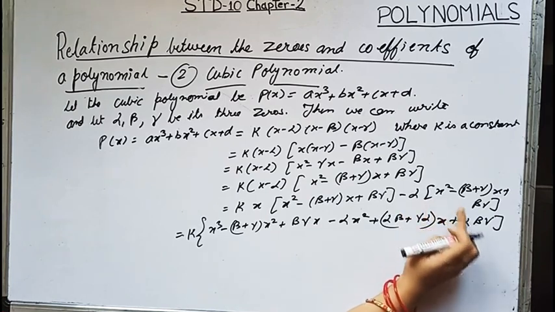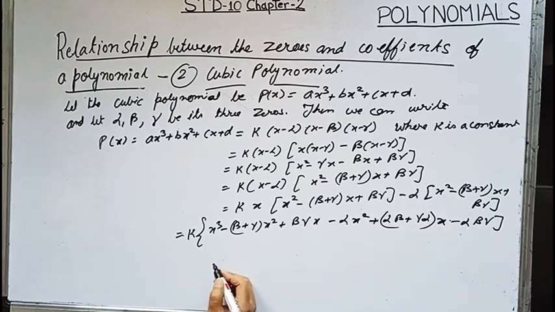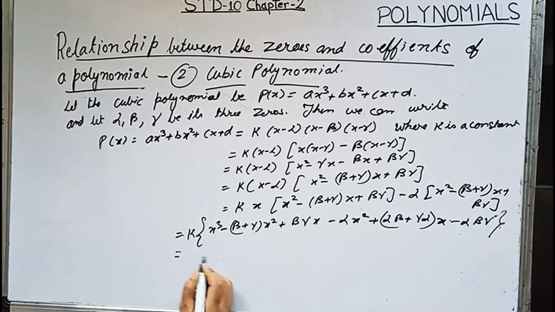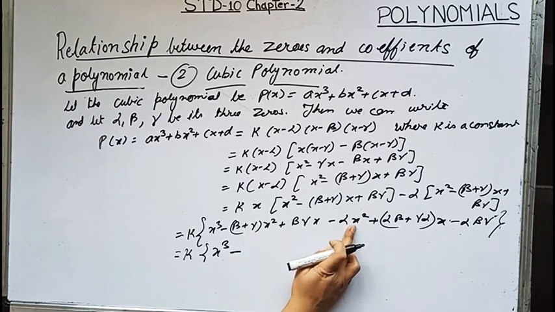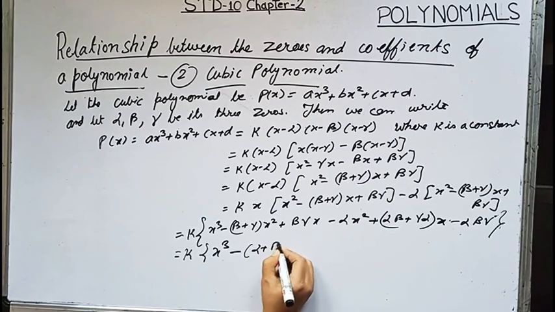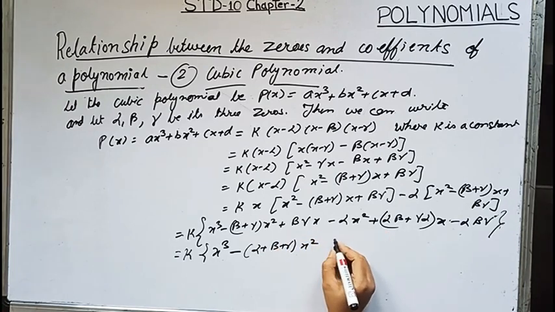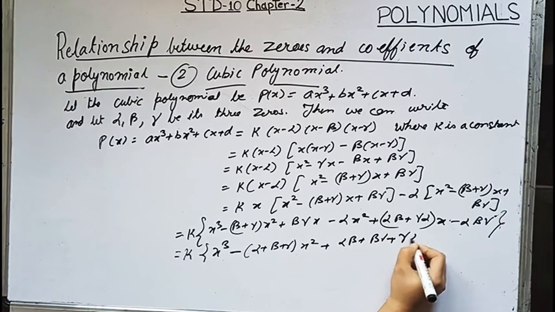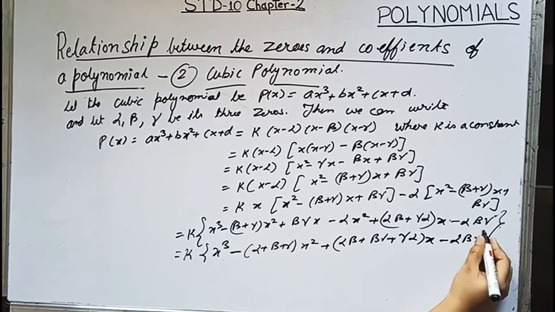Minus, minus becomes plus, and minus, plus, minus, here it will be minus. So let us write it in arranged form. K, then over here x^3 minus, this term is x^2 and this term is x^2, so I can write (alpha + beta + gamma)x^2. Now the x term is this one and this one, so I can write it as (alpha beta + beta gamma + gamma alpha)x, and over here minus alpha beta gamma.